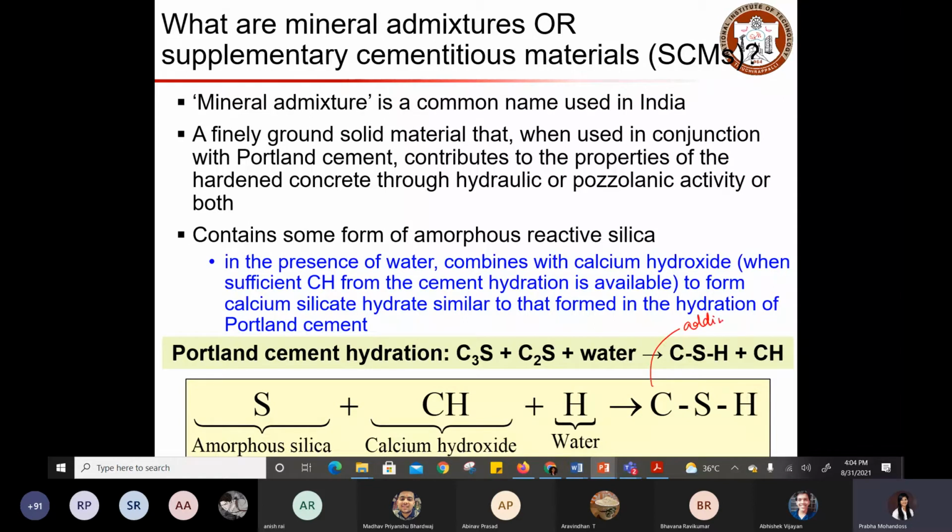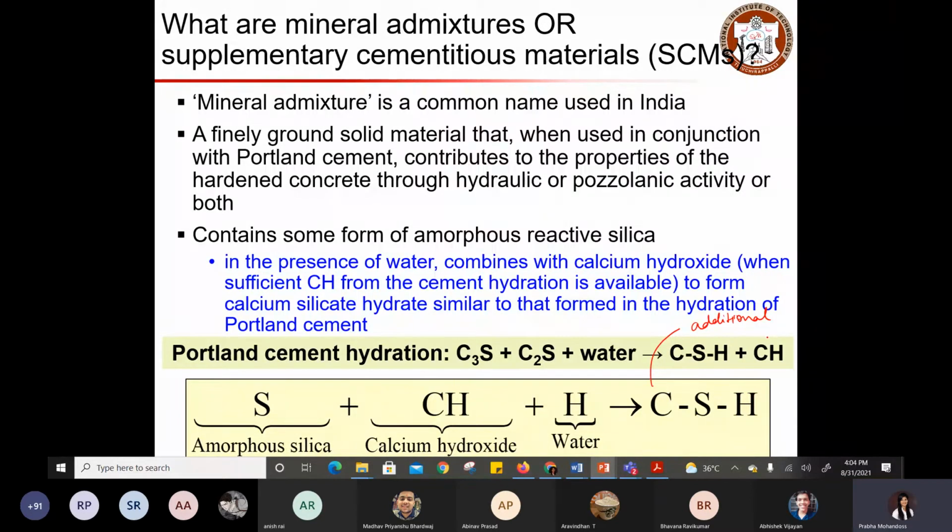When you have additional CSH, the extra pores in the concrete matrix will get filled by this additional CSH, making your concrete structure denser and less porous.